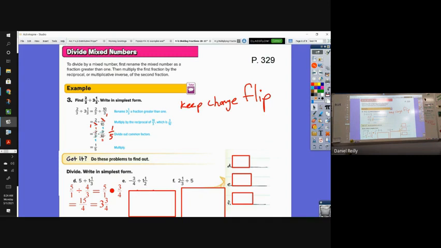Do you have a mixed number in this problem? Yes. Can you rewrite that mixed number as an improper fraction? Go ahead and do that. Rewrite the problem. So it's negative 3/4 divided by 3/2. Rewrite the problem. Don't just write 3/2.